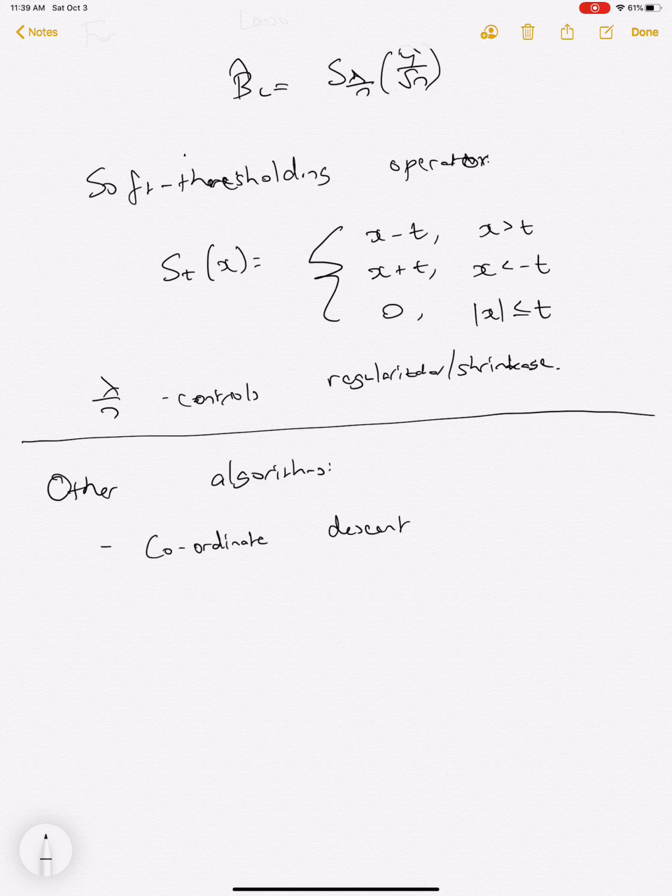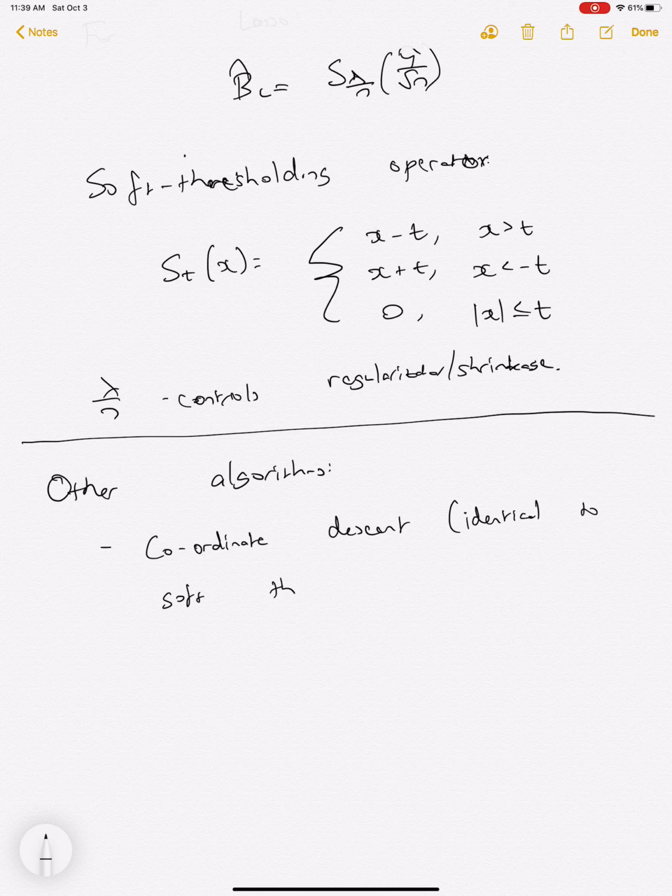And we do this for the lasso because it encourages sparsity, since it only moves along one coordinate at each iteration. This is actually identical to soft thresholding if you only do one round.